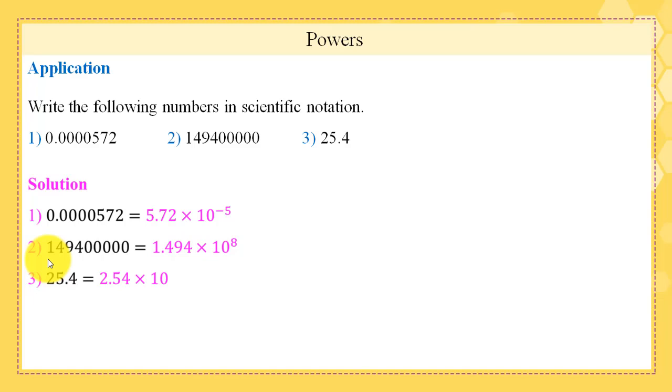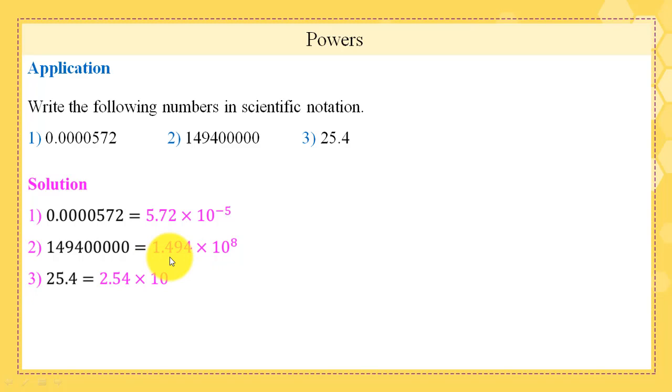2. 149,400,000. Here the number is an integer. We put the decimal point behind the last digit, which is 0, and we move it to the left to make the number between 1 and 10. So we move 8 places and put the point between 1 and 4. So we get 1.494. This number is between 1 and 10, and the power of 10 represents the number of places, which is 8, since we move it to the left.